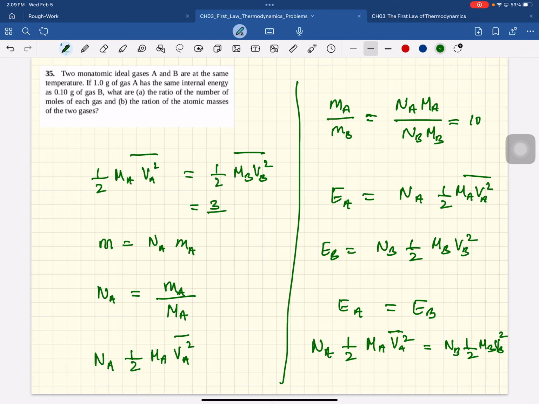This is equal to 3/2 kT, N_A times 3/2 kT. So if they have the same internal energy, the number of molecules is the same.